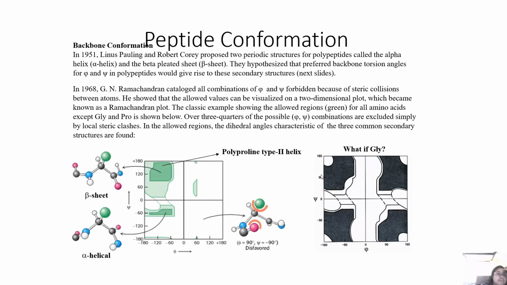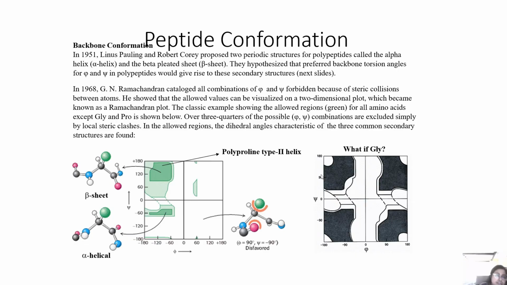Now, backbone conformation: in 1951, Linus Pauling and Robert Corey proposed two periodic structures for polypeptides called the alpha helix and the beta pleated sheet. They hypothesized that preferred backbone torsion angles for phi and psi in polypeptides would give rise to these secondary structures.